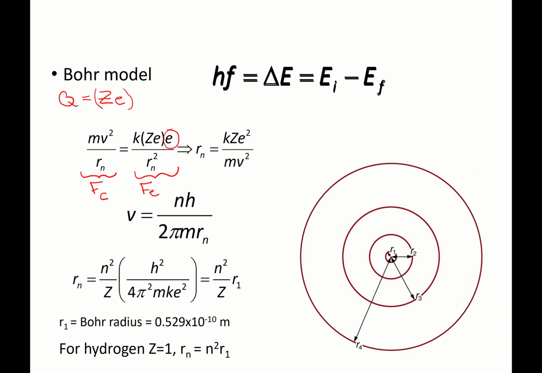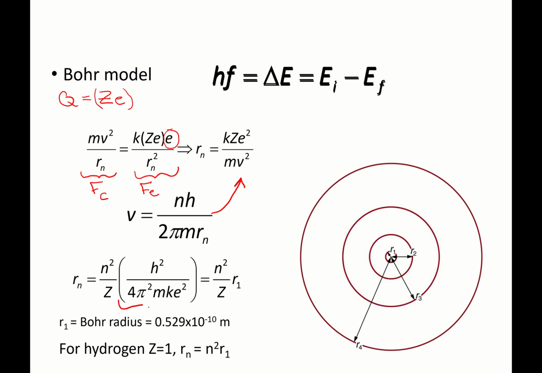Now what Bohr said was that the orbits were quantized so that the angular momentum was an integer multiple of h bar, which is h over 2 pi. If we take that value for v and substitute it back into our equation for r, and we won't go through all the algebra, we get that the radius of the nth allowed orbit is n squared divided by Z, the number of protons in the nucleus, times R1, where R1 is a special radius called the Bohr radius.